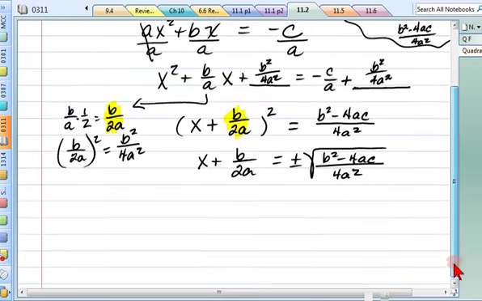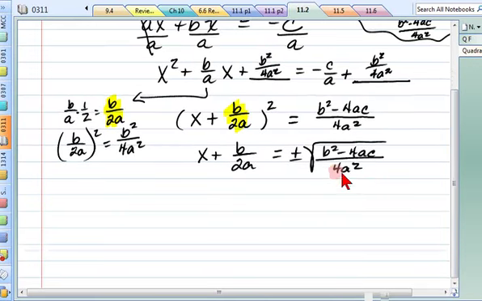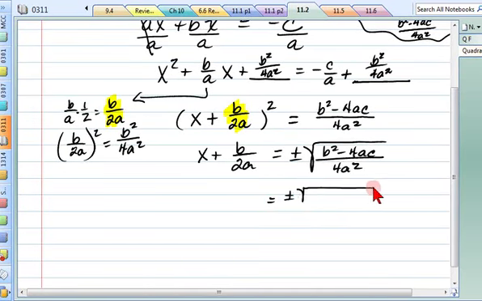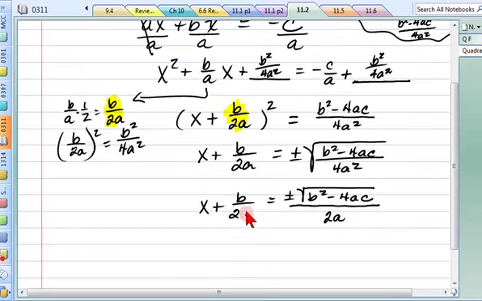Now, if you will, look at just this. Now the numerator, I don't know what the square root of that is, so I'm going to just write down plus or minus the radical of b squared minus 4ac. But the denominator is a perfect square. What's the square root of 4a squared? 2a. It's not under a radical anymore. So I have x plus b over 2a is equal to this right-hand side.